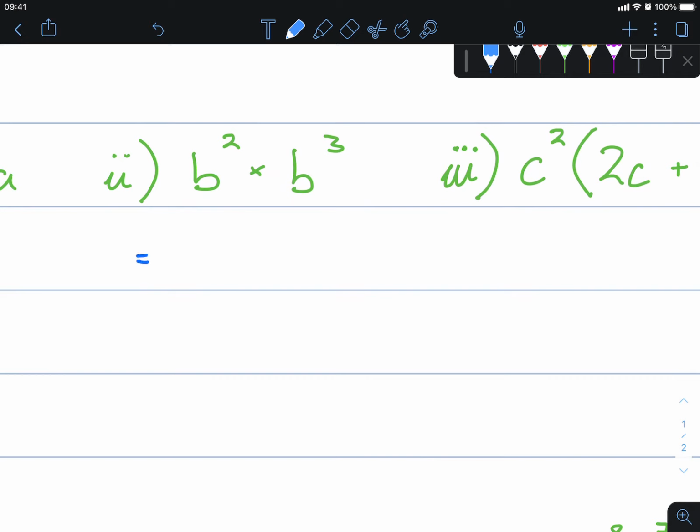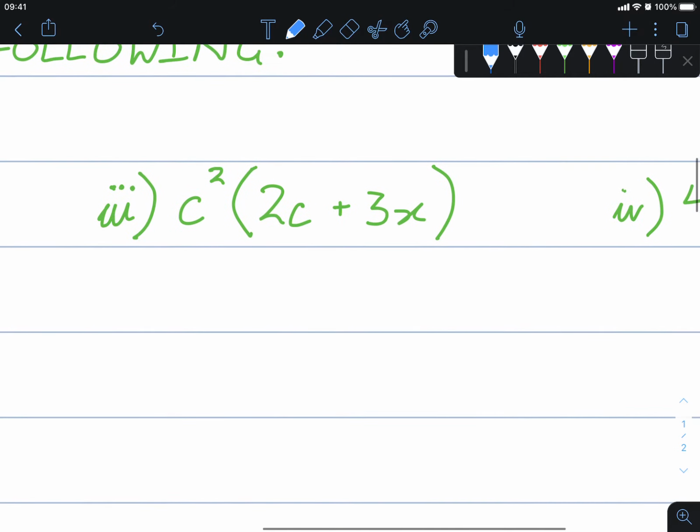Same case here. I can show you the extended version where you could write the following. Sometimes you'll find it useful to do so, but in the end, it's just the two indices adding. If we have an expression being multiplied and they have the same base, so this just becomes b to the power of 5.